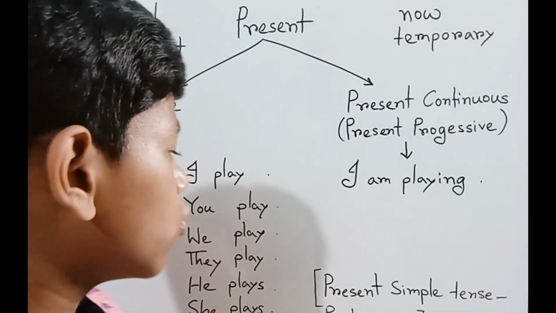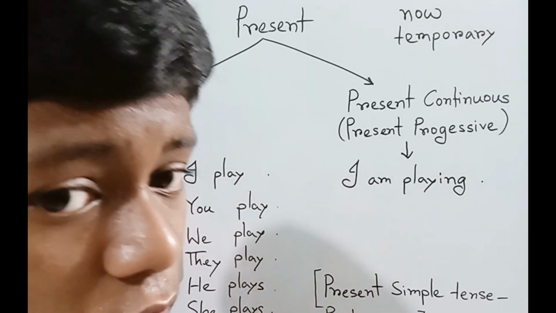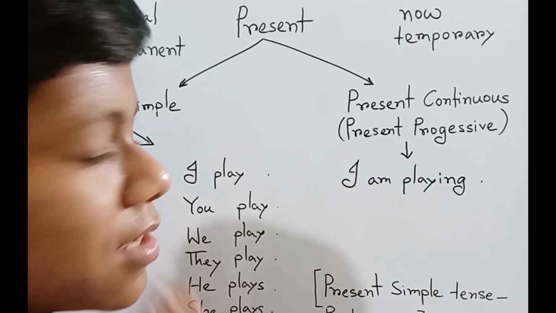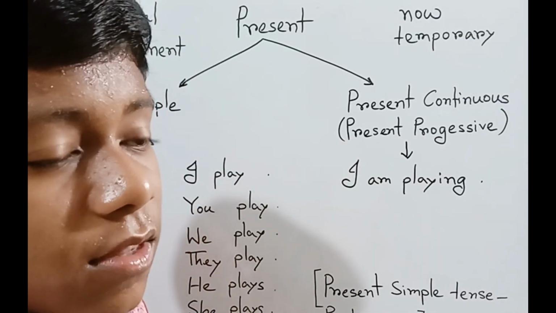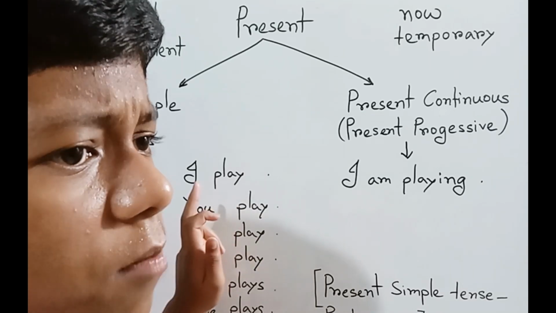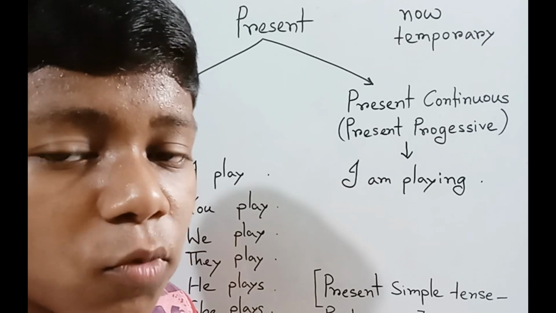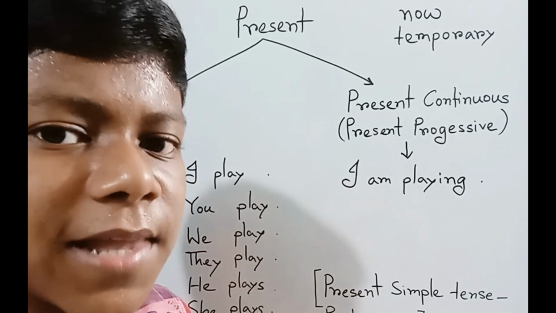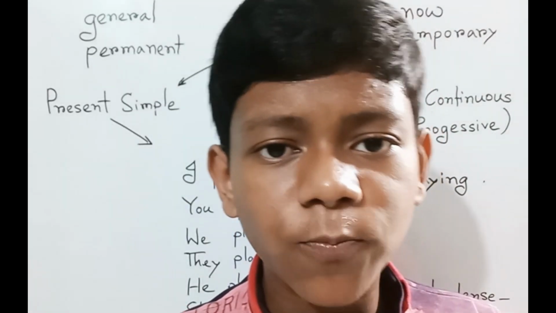So what do you play? I play. In this situation we are using this tense for this sentence. So I play, it's your habit and it is permanent. Most of the time you play, but you are not playing at this time. You can play in your field. You can play your favorite sport. For example, I play football.